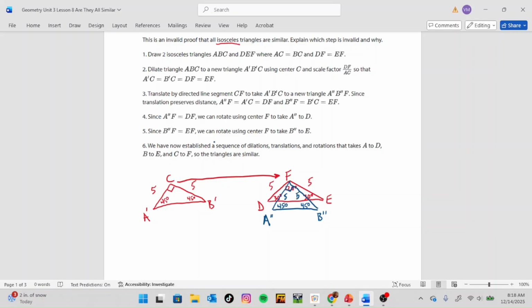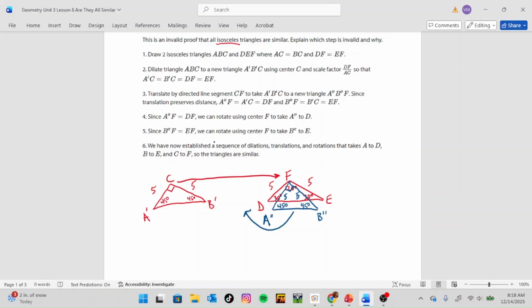So now step 4 says that if A double prime F is 5, and that equals DF, which is 5, then we can rotate using F as the center. And so we'll rotate this blue triangle this way so that we can line it up with DF.